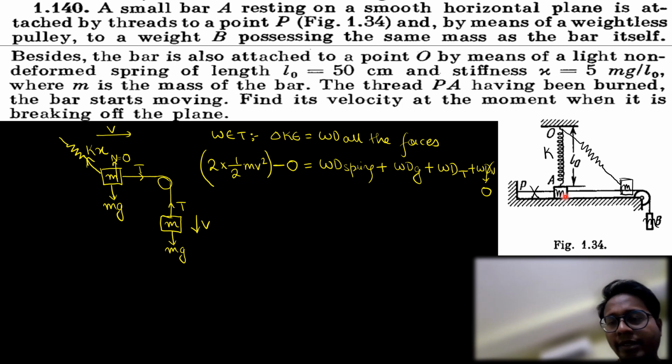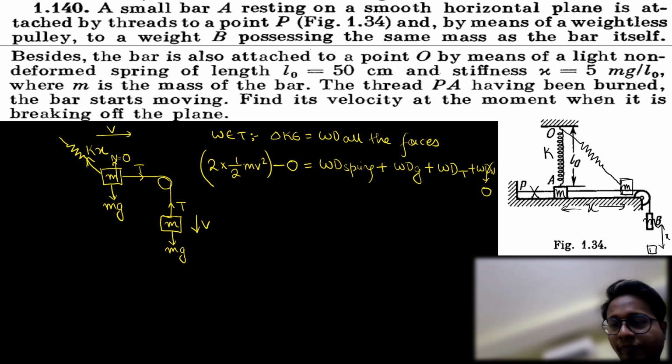See, suppose the displacement of block A is x. That means the displacement of B would also be x. So B would also move downward by x.